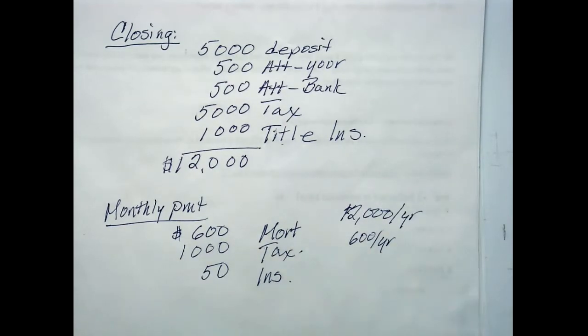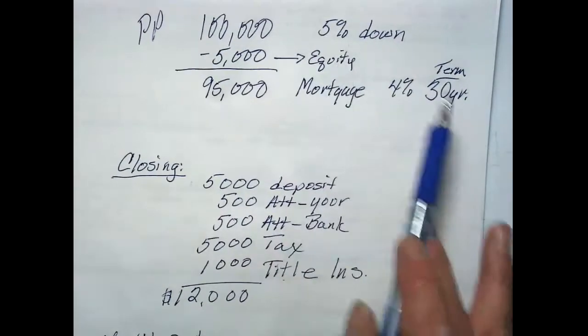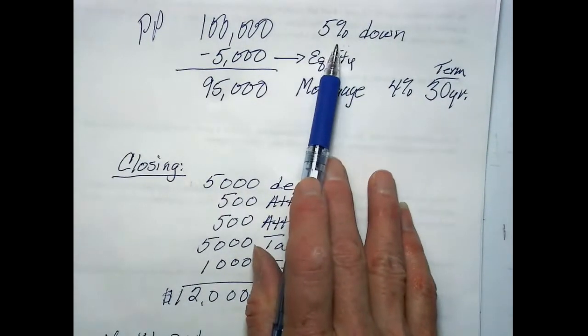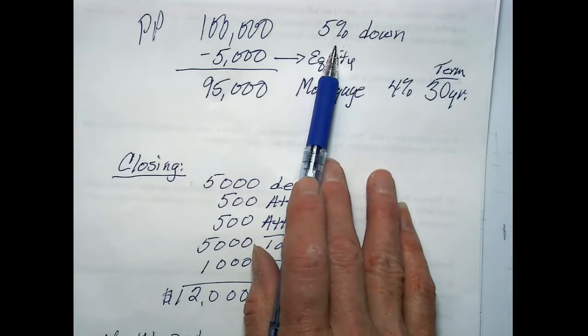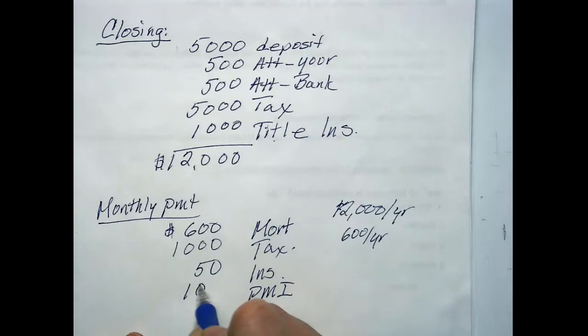They will pay your insurance. There's a new fee that the banks charge. It's called PMI. It's an insurance policy. Because you've only put 5% down on this house, they are a little nervous you're going to default on your payment. So they are going to charge you about $100 a month for this insurance policy.